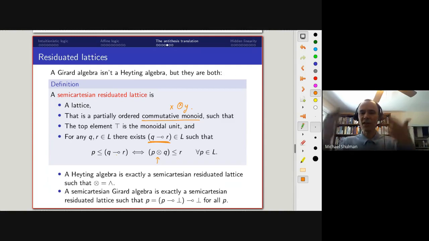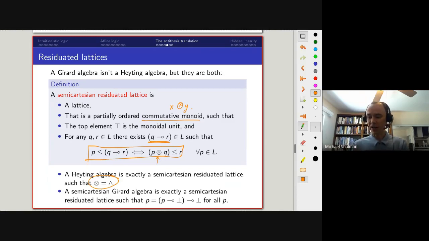So these semi-Cartesian residuated lattices include Heyting algebras on the one hand, in the case when the monoidal structure is actually the meet in the lattice. That gives exactly a Heyting algebra, right? Then this reduces to the Heyting algebra property. And they also include the semi-Cartesian Girard algebras. Those are the residuated lattices where the double negation in this sense is involutive, right? So just like in a Heyting algebra, in a residuated lattice, we can define negation as implication into false.